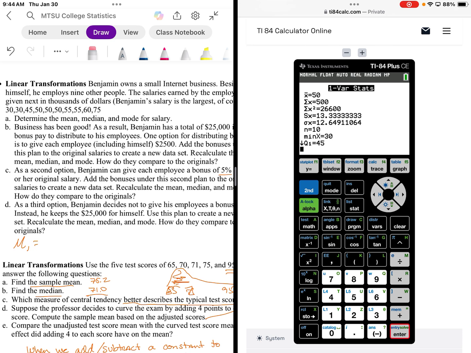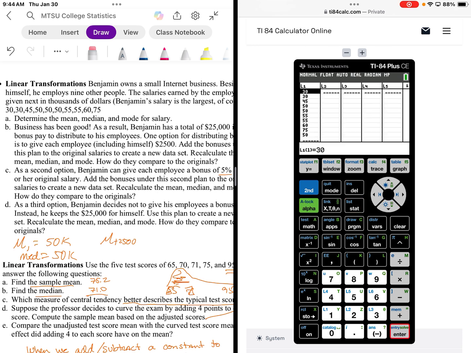All right, so the mean is 50K. The median should be 50K, great. Now, as I do my first change, I take it and I add the 2,500.